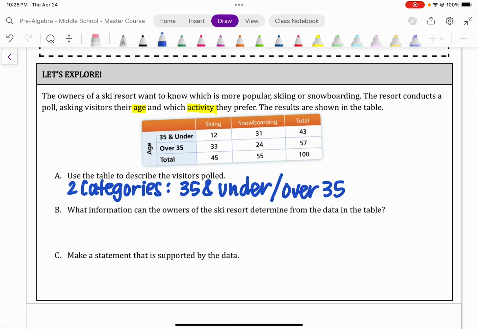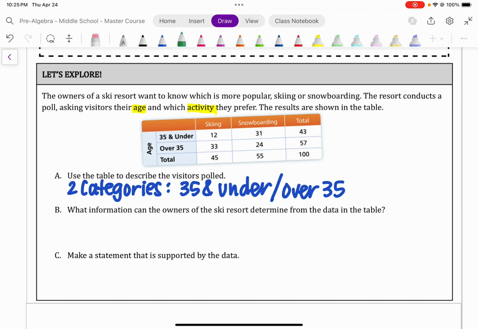What information can the owners of the ski resort determine from the data in the table? So let's look. People that are over 35 more like skiing than snowboarding. And if you're 35 and under, there's more people that like snowboarding. So we could describe those two things.